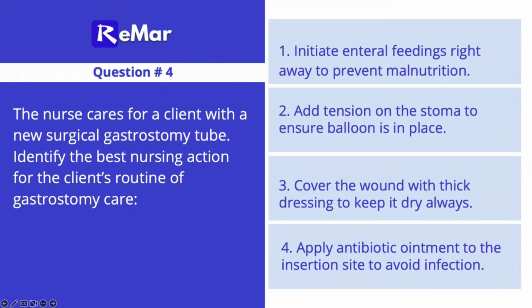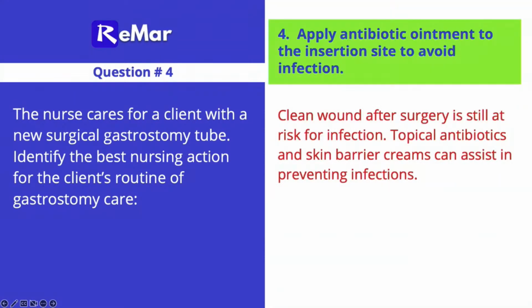And so that means there's an opportunity for all of us to learn about how we are to answer this NCLEX question, because there is a clue in this NCLEX question that we all should have been alerted to. And that clue is that this is a what kind of gastrostomy tube? It is a new surgical gastrostomy tube. So we need to make sure that the wound is not at risk for infection.